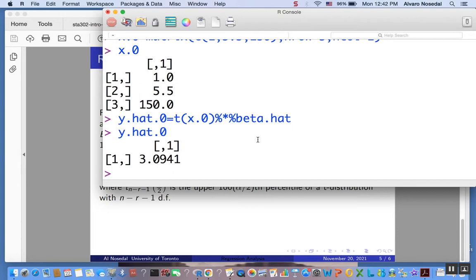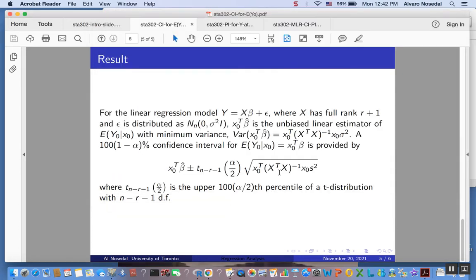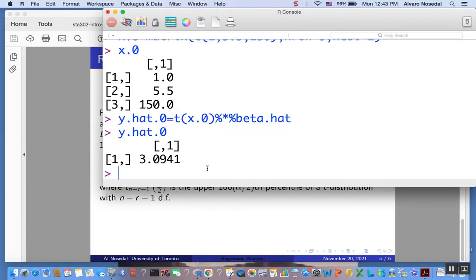Next, we would like to find this component of the standard error. We have to multiply that by an estimator of the variance sigma squared. So let's find that component.